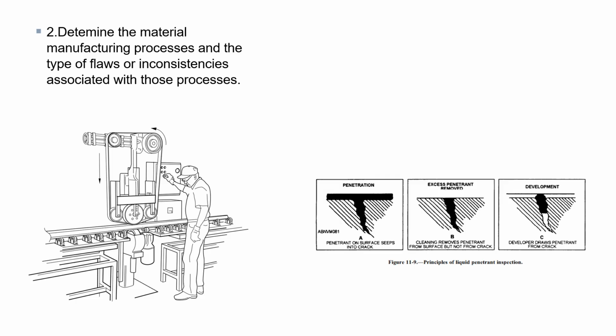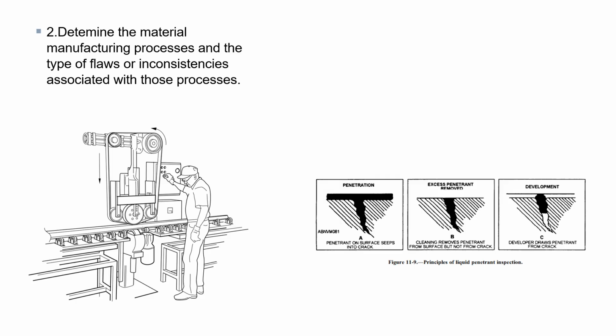After we know that, we want to talk about the material manufacturing processes and the types of flaws or inconsistencies associated with those processes. Not every manufacturing process is going to give us the same type of flaw or inconsistency. So these are some things we need to understand as we dive into this.